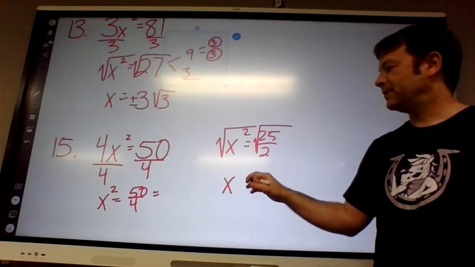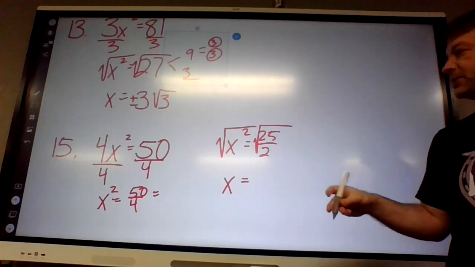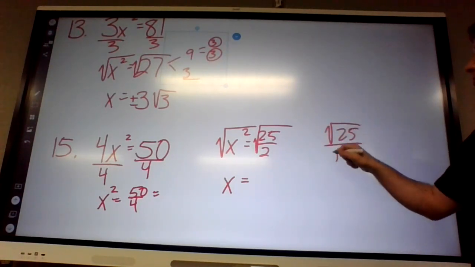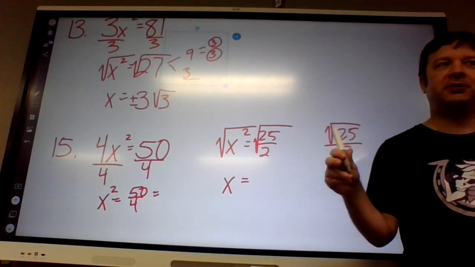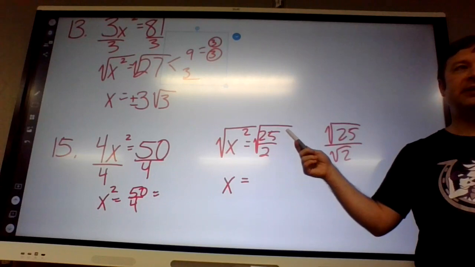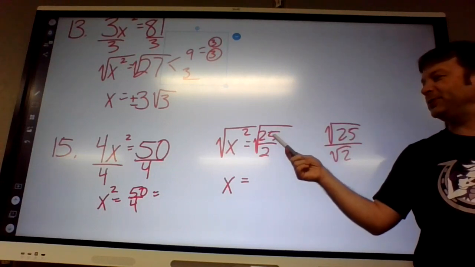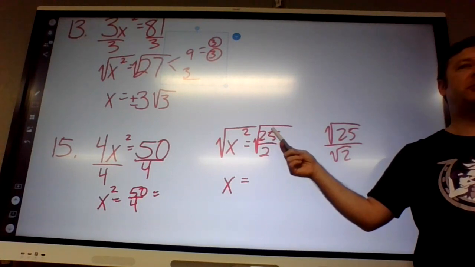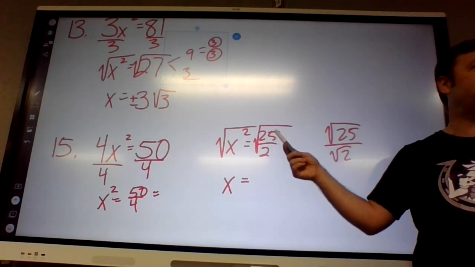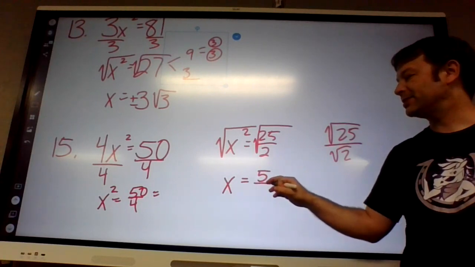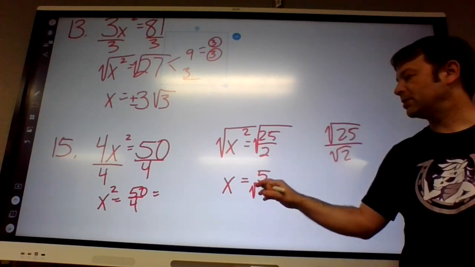Well, for those of you with nice calculators, it's easy, but it's just square root of 25 over square root of 2. Some of you should have definitely used one of those calculators on the test. Square root of 25 is what? 5. Square root of 2 is square root of 2.